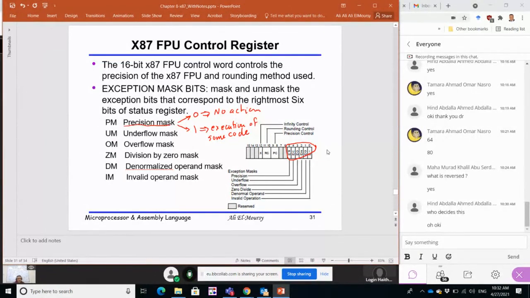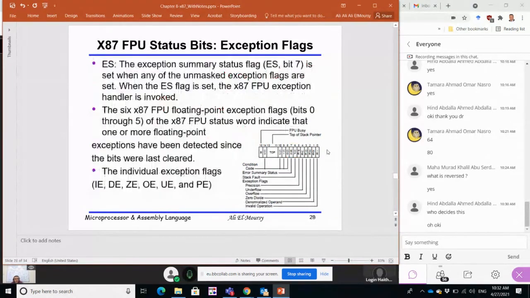You are using a single precision mode, but the operation needs a double precision. Okay, so the exception mask will be raised, and so on. Denormalized number. You got a denormalized number, so he has to tell you or not. It depends on you.